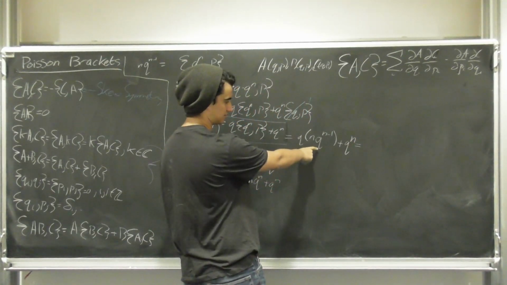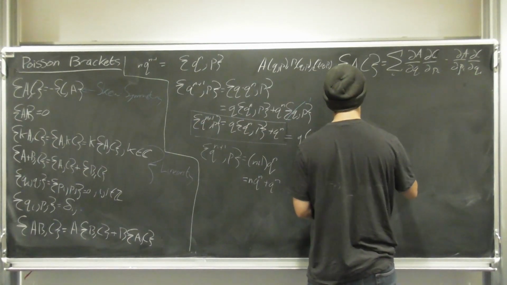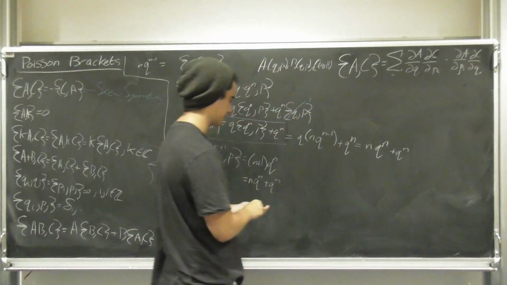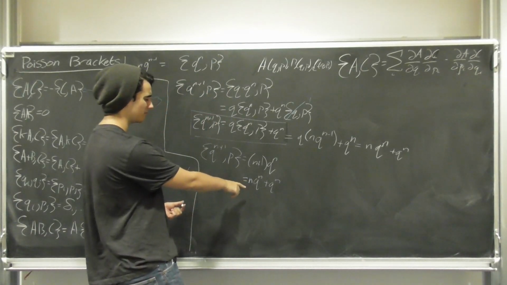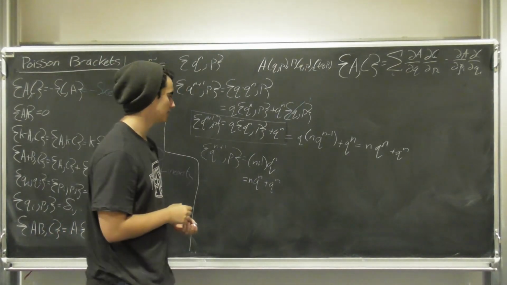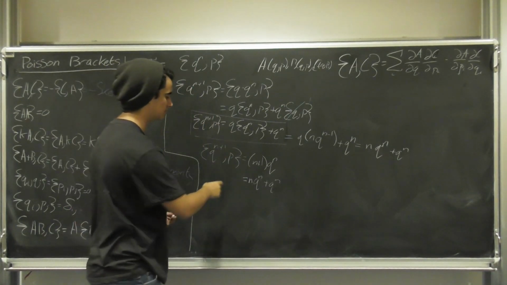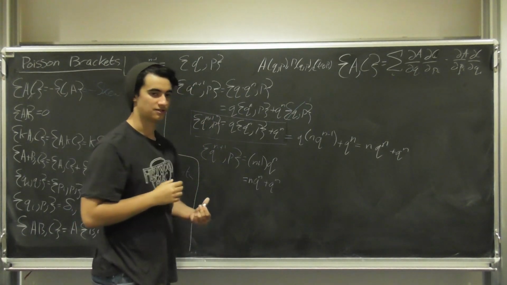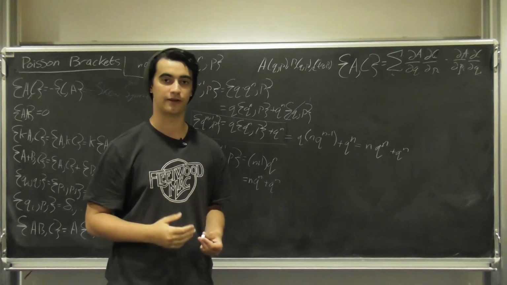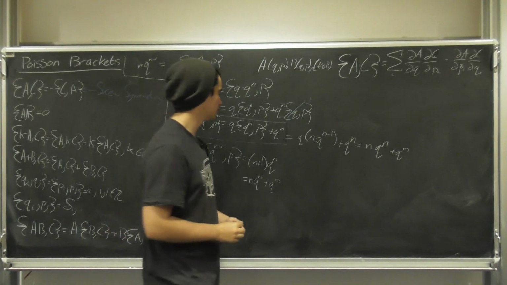This q will cancel with this q to the minus 1, and we get n times q to the n plus q to the n, which is in fact the same thing that we found by plugging n plus 1 into this. So now we've shown that assuming this is true for q to the n, we can prove that it's true for q to the n plus 1. Let's start with the base case, n equals 1, and see if it's true there. If it's true there, then it will hold for all positive integer n.